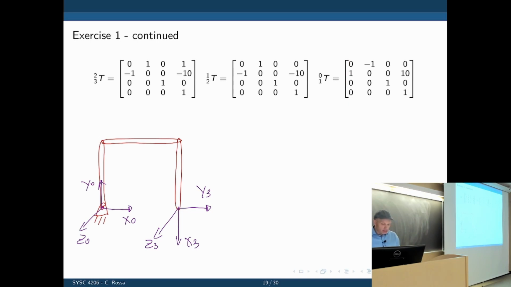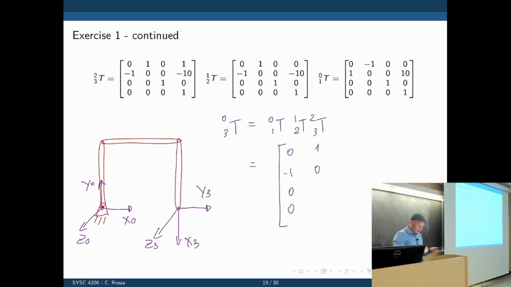How do we calculate the final rotation matrix? Well, the final transformation T from 3 to 0 is exactly 1 to 0, 2 to 1, and 3 to 2 multiplied together. And the result of this, I'll give it to you here, is 0, -1, 0, 0; 1, 0, 0, 0; 0, 0, 1, 0; 10, 0, 0, 1.